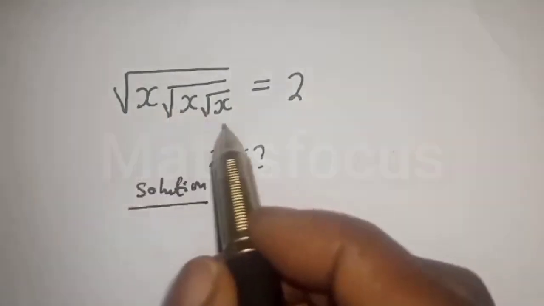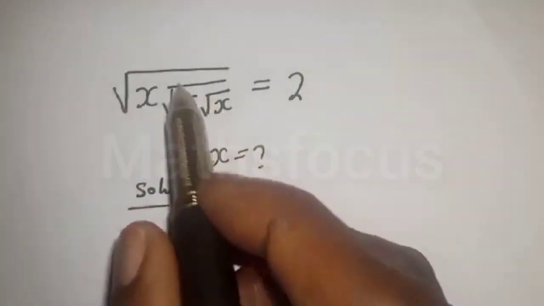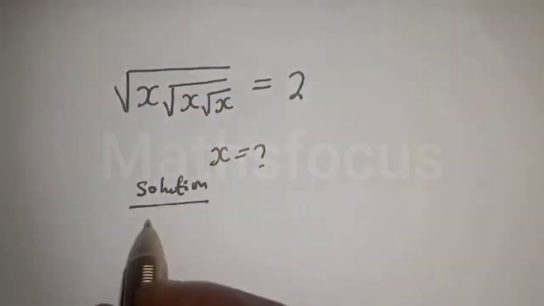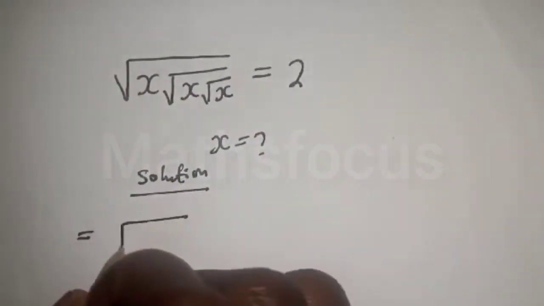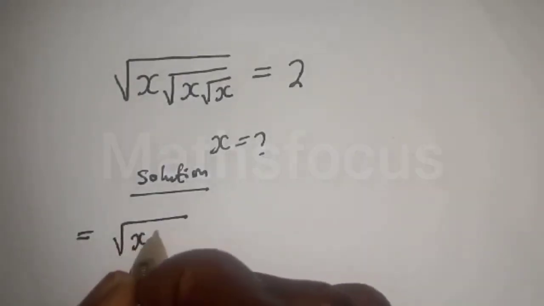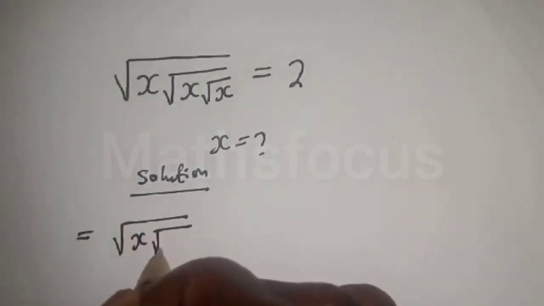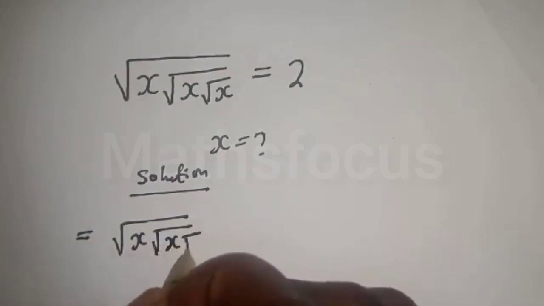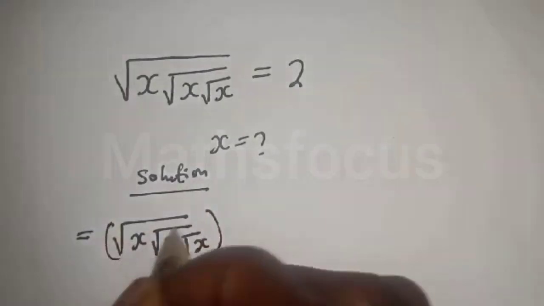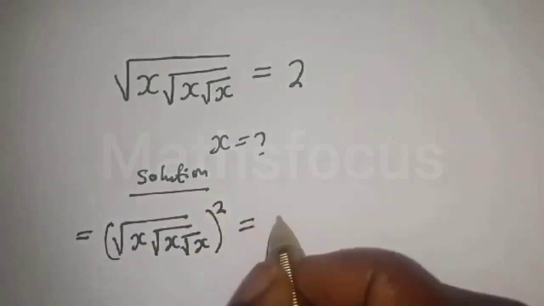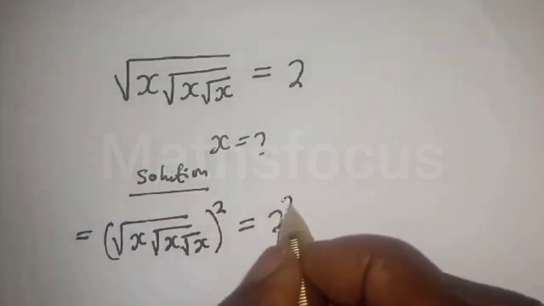Then in order to get the value of s, let's take the square of both sides. That is, square root of s, square root of s, square root of s, all squared is equal to 2 squared.